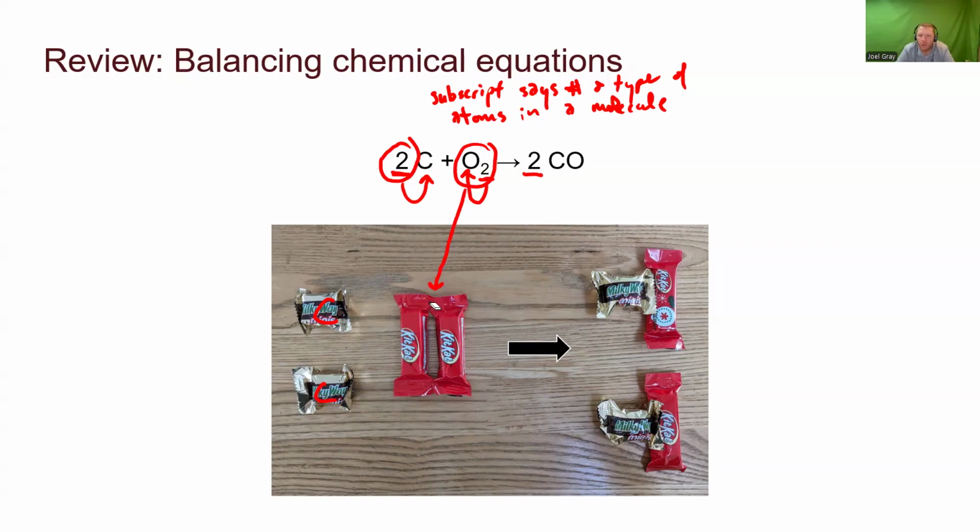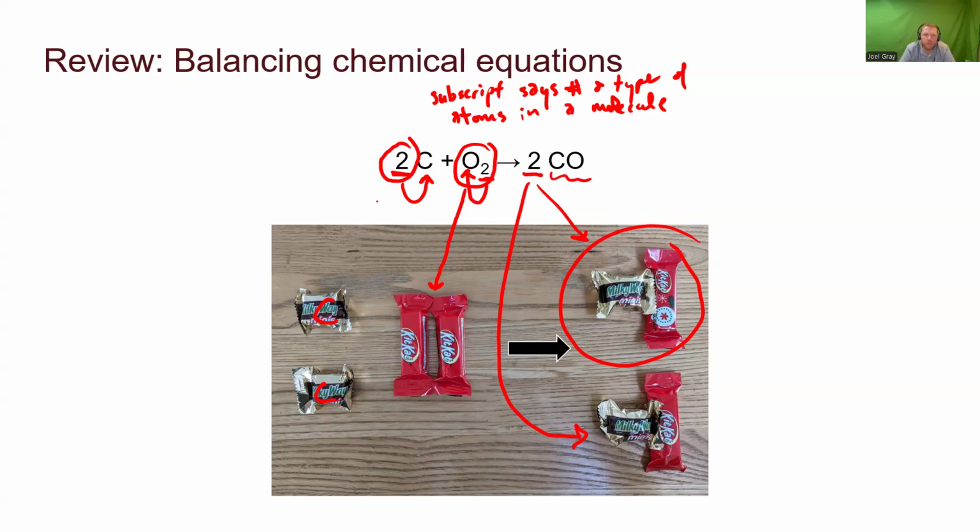These two Kit Kats are in contact with one another, so those two things make up this whole molecule. Over here on the product side, our 2 indicates that there's one CO and then another CO. When two atoms are written next to one another without any space between them, that indicates that these two atoms come together to make one molecule.